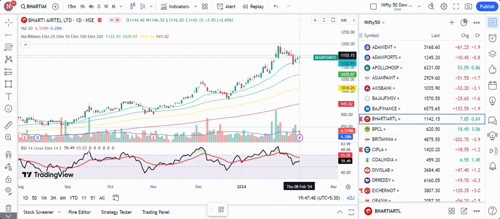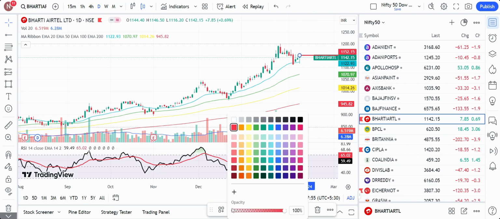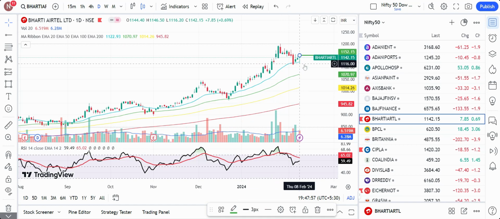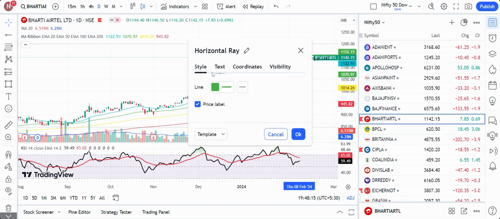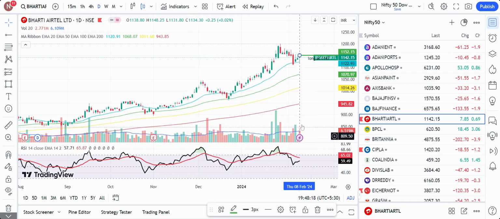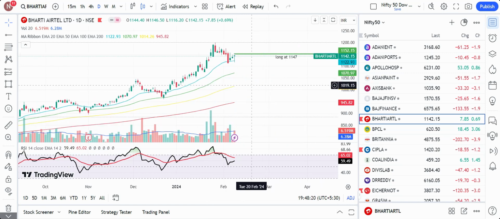Mark it green here. We are going in at 1147. You can write something like long at 1147.